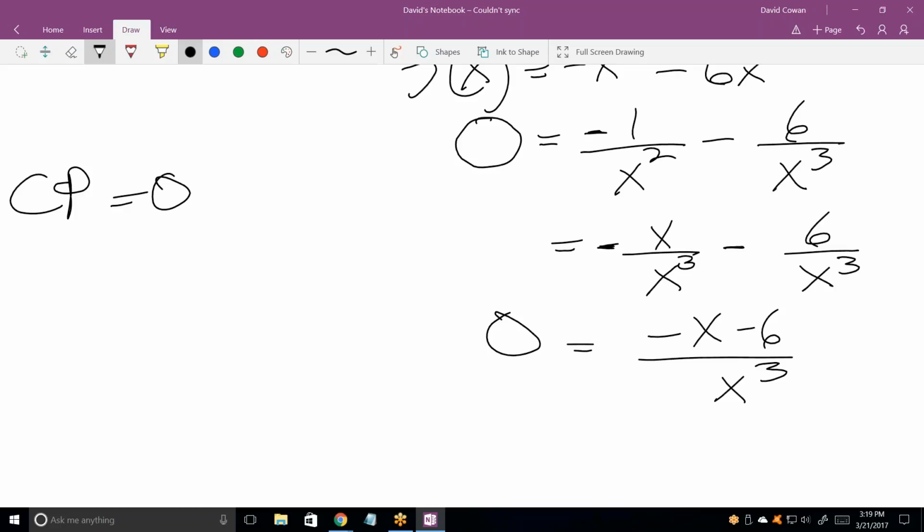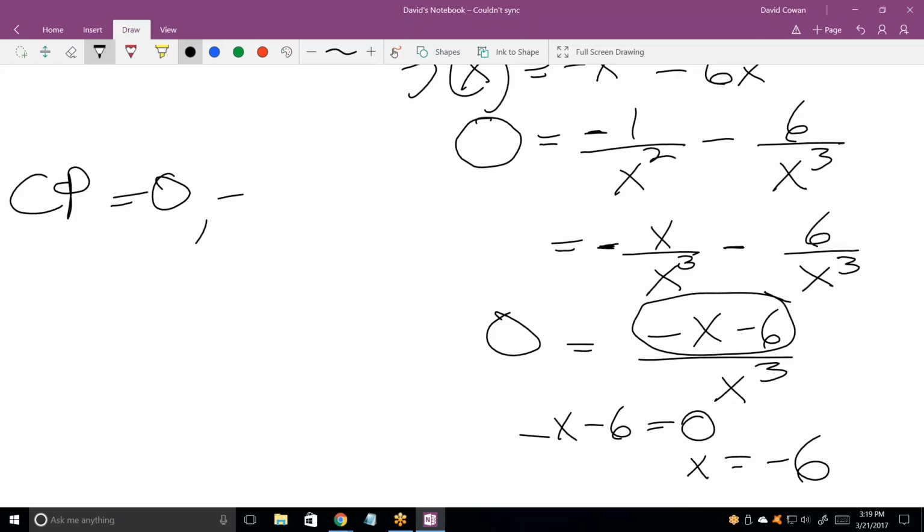In other words, the only thing that makes a fraction equal to 0 is if its numerator is equal to 0. So I set that equal to 0, and what I get is x equals negative 6. So that's another critical point.